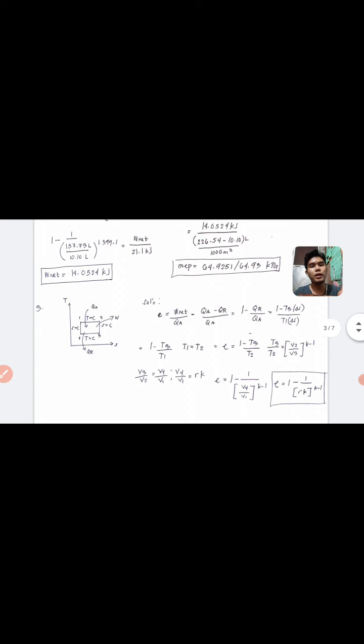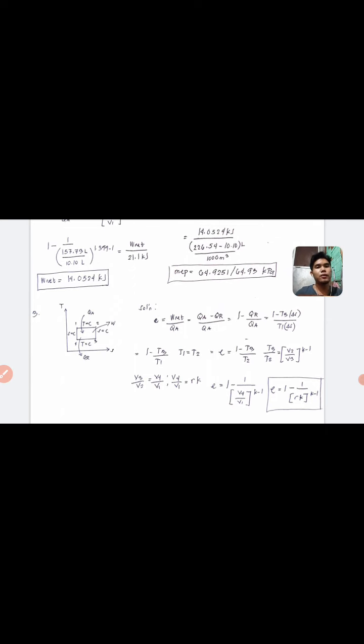Here I draw a TS diagram for my reference. So here is the solution. As we all know, efficiency is equal to work net over QA. Work net also equals QA minus QR, so this efficiency can be written as QA minus QR over QA, which is also equal to 1 minus QR over QA.